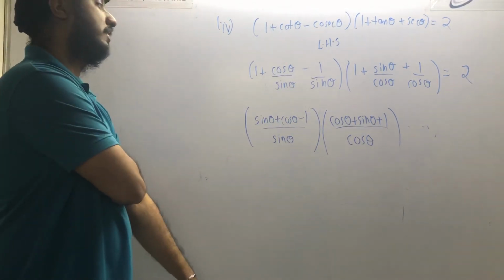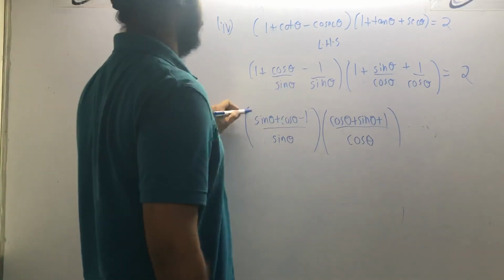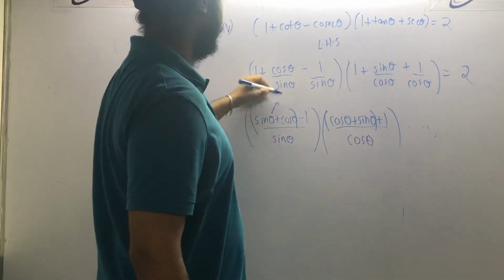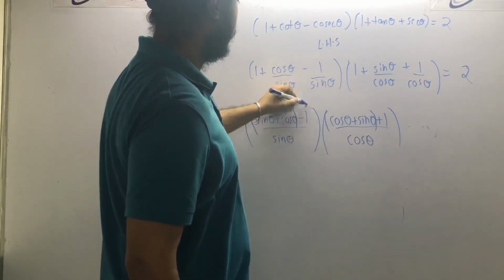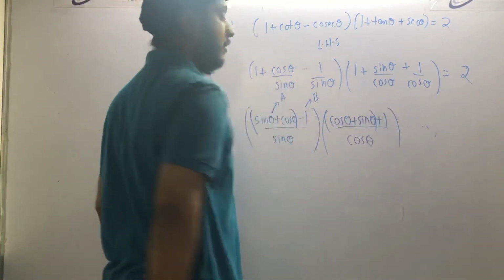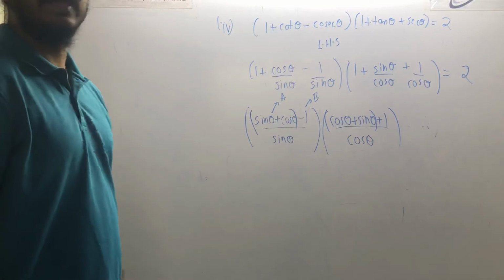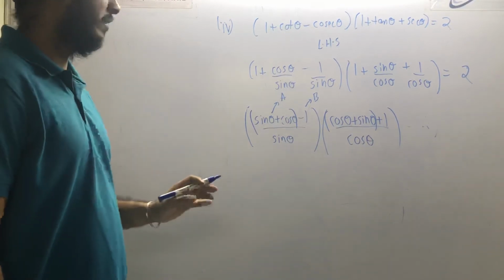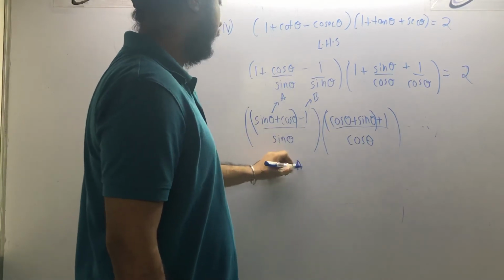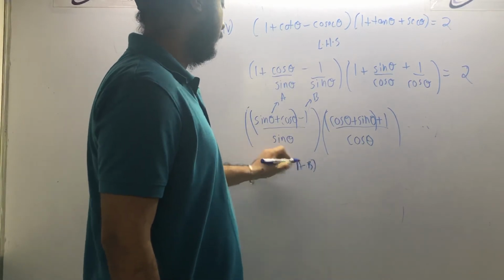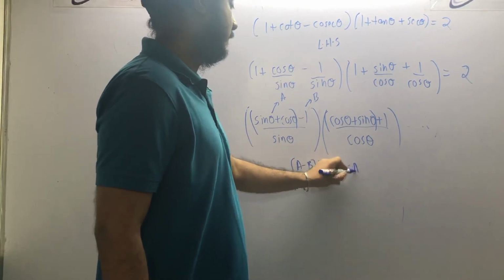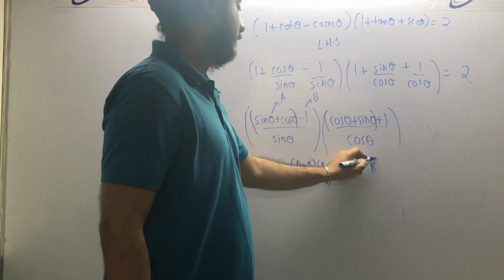Now how we can proceed further is, just look carefully at this. In this one, sin theta plus cos theta is A and I am assuming 1 as B. So this is A minus B into A plus B. A minus B into A plus B is A square minus B square. You have studied this identity before. Okay, so I will just write A square minus B square.